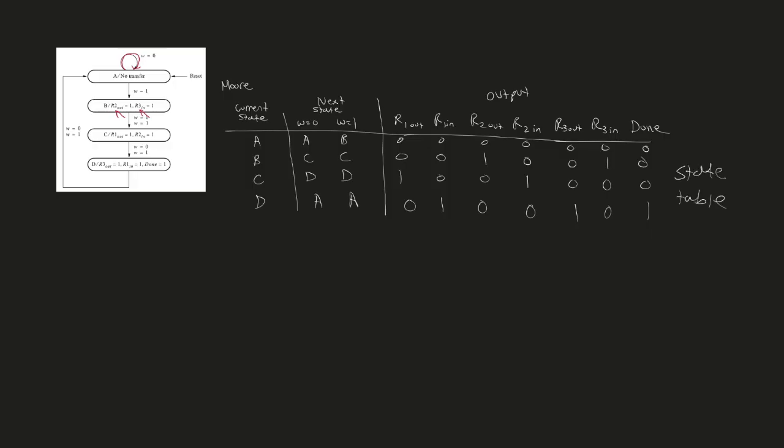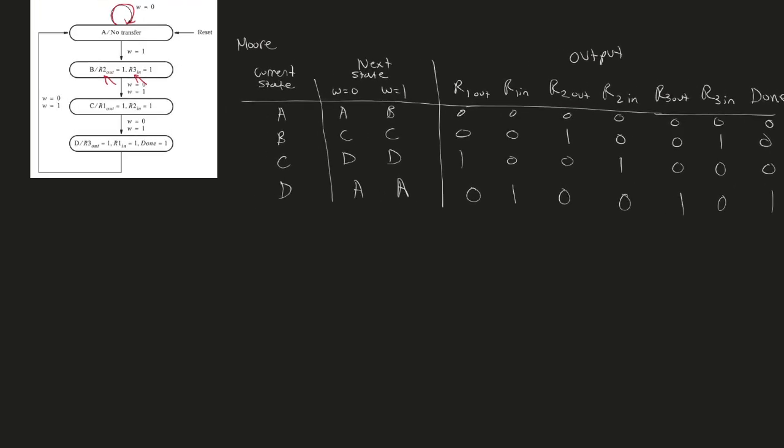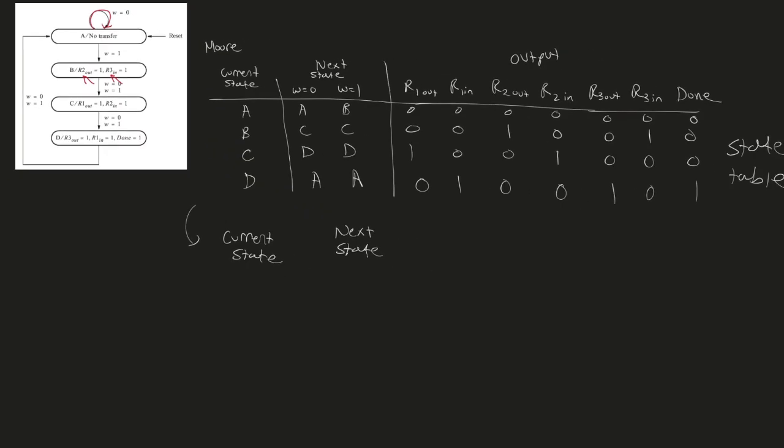So now we have to draw our state assigned table, in which everything has to be in binary format. So we'll put current state here, next state, and then our outputs.